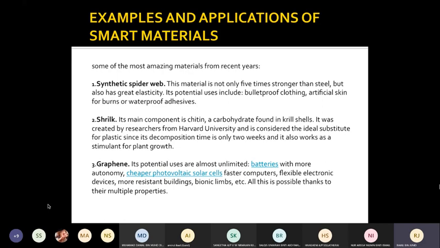It can store lots of energy. And it is also conductive. So that is why it has the potential to be used as a battery.